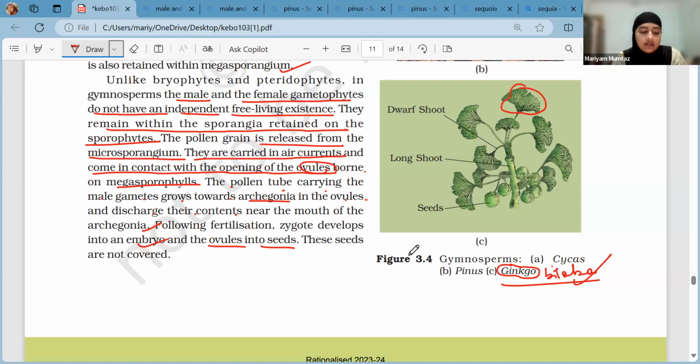Let's see. Of the chapters that I've assigned to you for this period of time, we have completed biological classification and plant kingdom. Now I'll give you a choice to choose one chapter out of the three I'm saying. I have morphology in flowering plants, anatomy in flowering plants, or cell the unit of life. Which one do you want to do next?